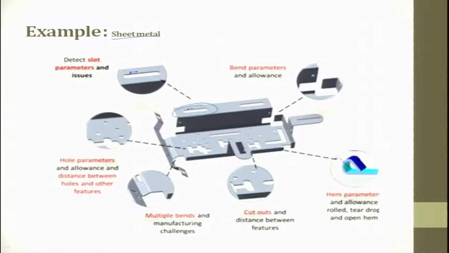Then multiple bends and manufacturing challenges, cutoff and distance between the features, then hem parameters. Hem is nothing but bending of the edge, and allowances, rolled, tear drop and open hem. These are some of the parameters or issues attached to a sheet metal part, and here we have put multiple bending, hemming parts, bending parameters, and so on.